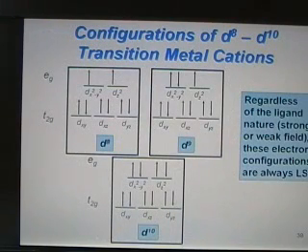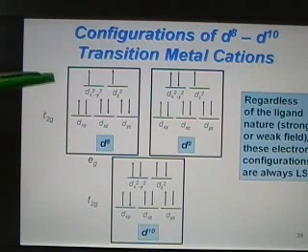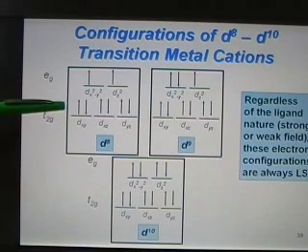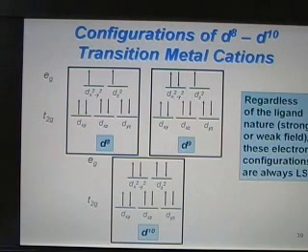Now D8, D9, and D10 are always low spin, always, because you fill up the T2G and you just finish filling up the EG orbitals starting with D8. With the D8 metal cation, you have all 6 spots occupied in the T2G orbitals, and you have 2 unpaired electrons in the EG, so D8 cations always have 2 unpaired electrons.